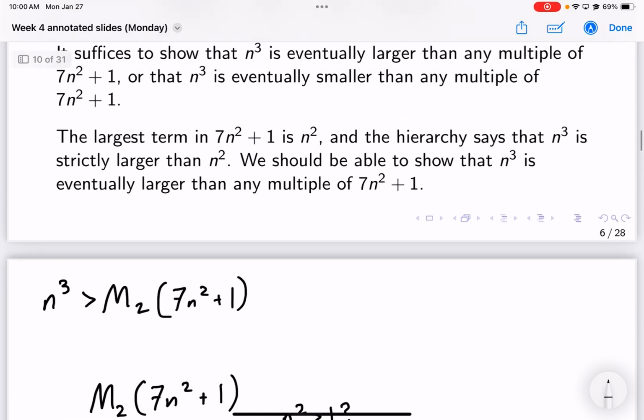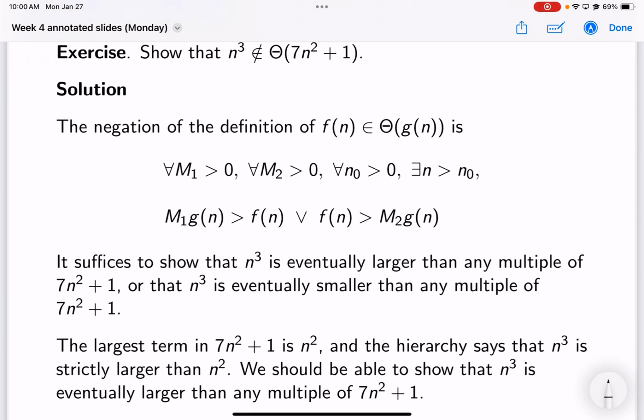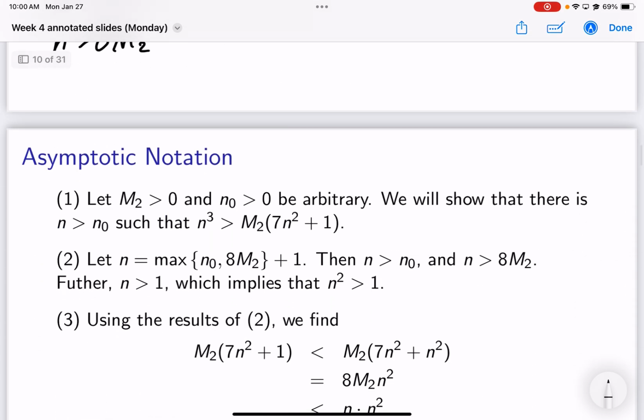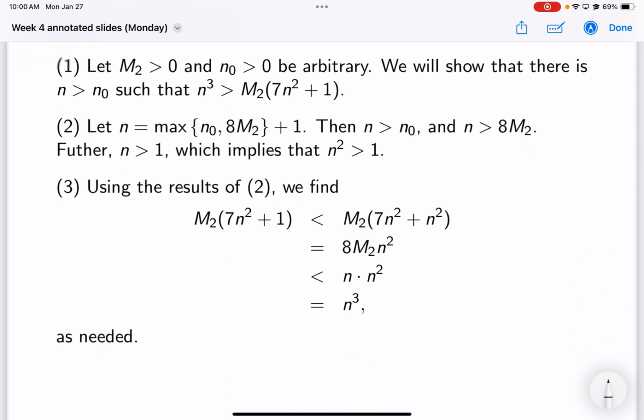We have, from our definition, that n has to be greater than n naught, for any n naught greater than 0. So we have another constraint. In order to ensure that n is greater than both of these, we just say it's equal to whatever the largest of the two is, plus 1. Then we have everything we need to show that the inequality is true.